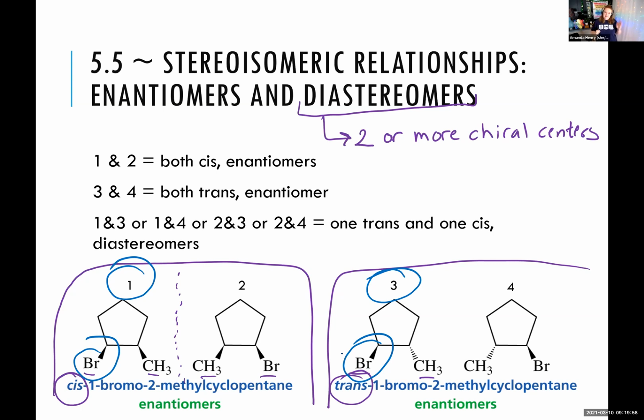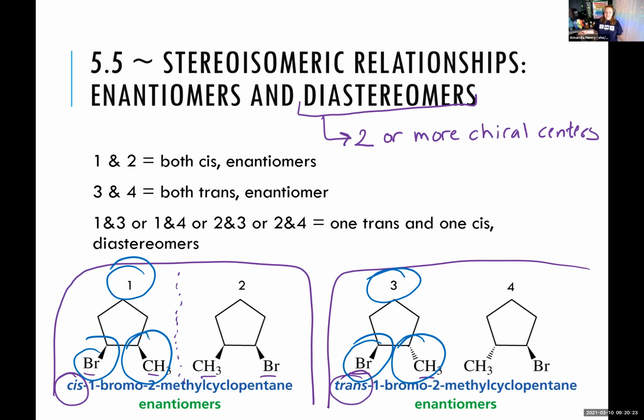When we compare structures 1 and 3, the bromine half of the molecule is exactly the same. They're both wedges. The methyl half of the molecule is opposite. One methyl's a wedge and one methyl's a dash. So we can't label this relationship as identical, and we can't label it as opposites. It gets a new category.